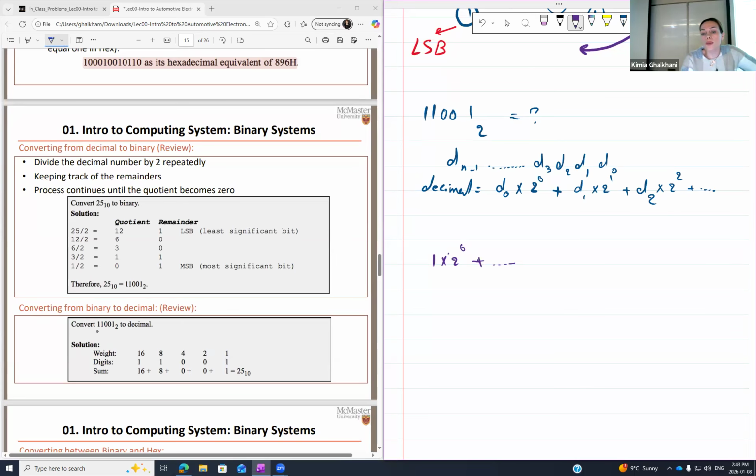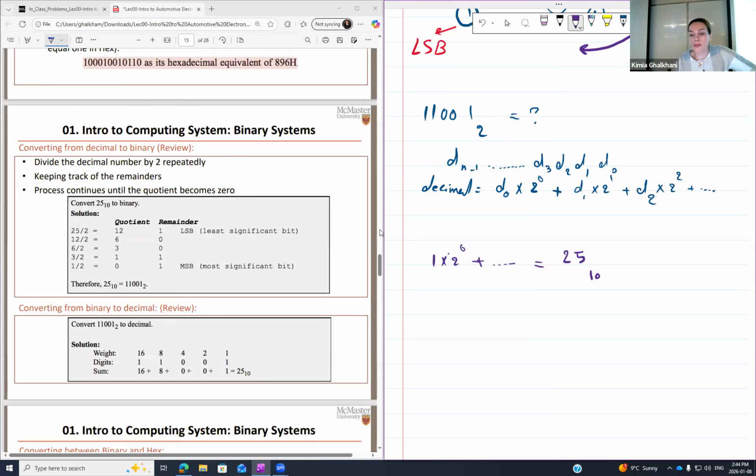So I have 1 times 2 to the power of 0, and then I have 1 times 2 to the power of 1, then plus 0 times 2 to the power of 2, plus 0 times 2 to the power of 3, and so on. I continue, and then if I add them up, the result is going to be 25. And 25 is the decimal equivalent. Make sense?